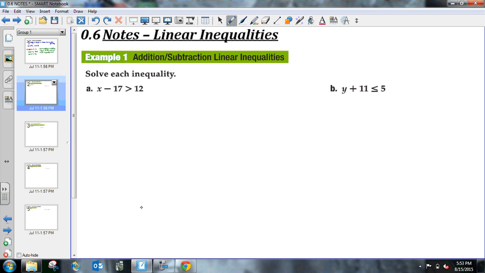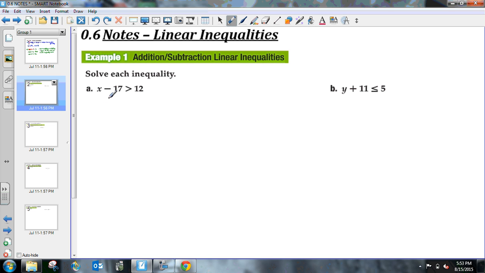Let's take a look at some of these things and talk about how we solve them and how we need to write this. If I'm solving linear inequalities, I'm going to solve them the same way that I would any equation. But we've got to make sure that if we multiply or divide by a negative, we reverse the inequality symbol.